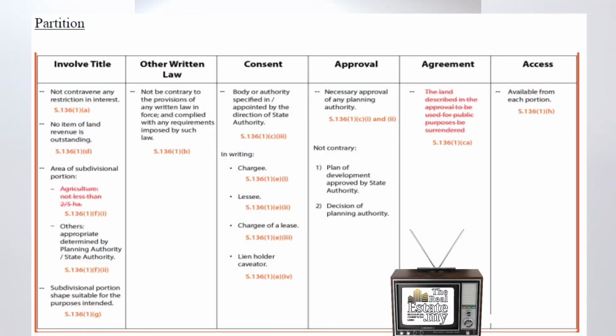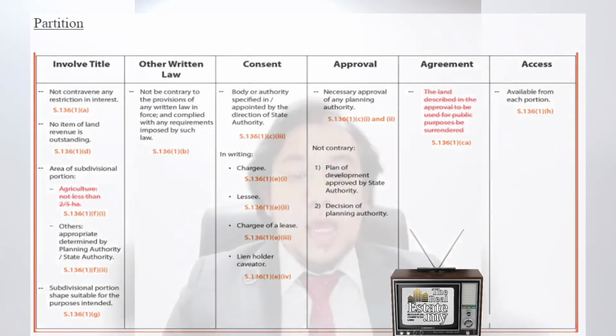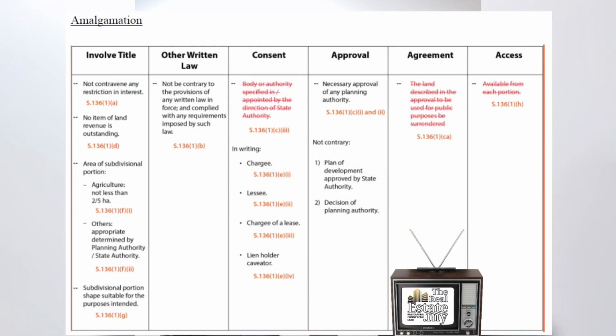Agricultural land development towards residential land only requires subdivision and partition. Meanwhile, development from small agricultural or residential to industrial may require the amalgamation process. Hence, Part 9 of the NLC is the backbone of all transactions.